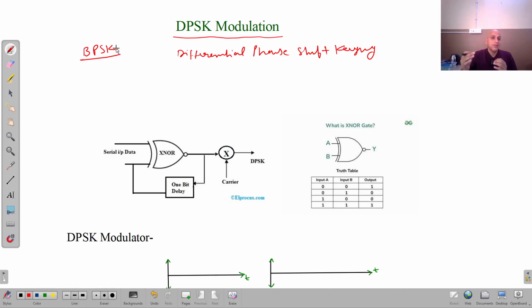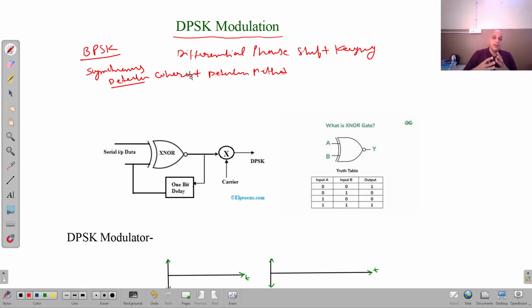To do demodulation or detection of BPSK signals, we require the synchronous detection method, or coherent detection method. This is the major drawback of the BPSK signal.